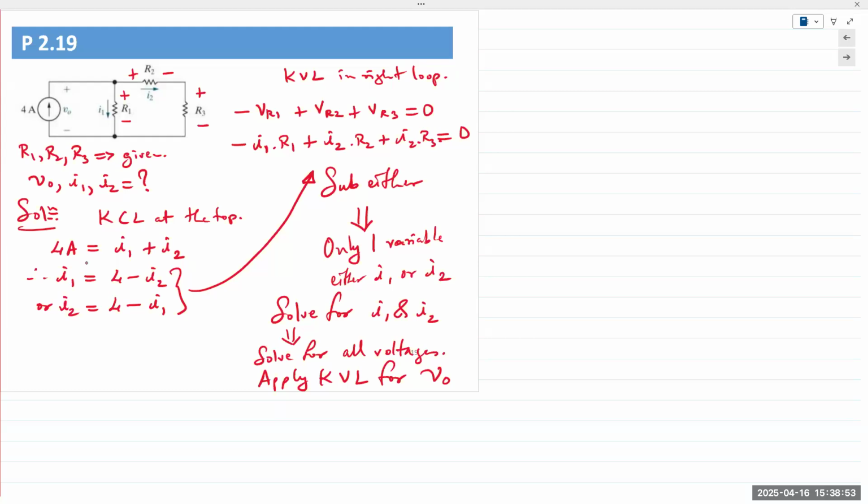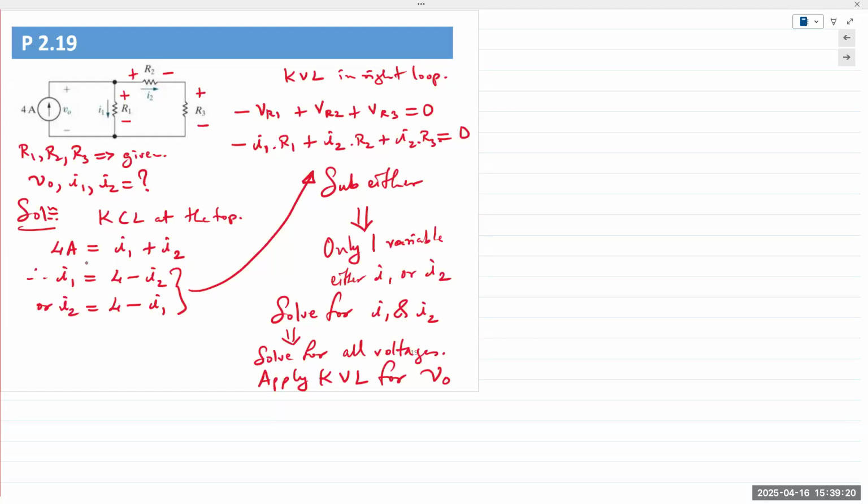Once you write the KVL, apply Ohm's law, substitute I1 and I2 in that equation. And then from these two, pick either one and substitute it in here. That gives you one equation with only one variable. Solve for that variable, whether it's I1 or I2, and you have your answer. Then you solve for the other one.